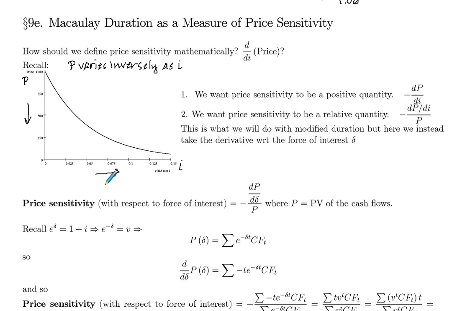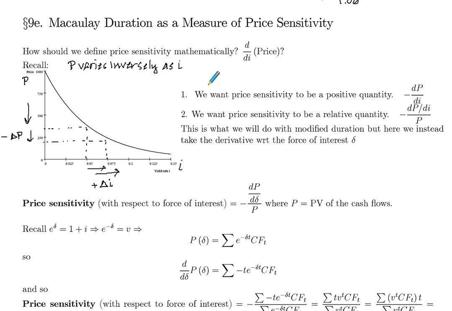So if there is a positive change in the interest rate, say from 5% to 7.5%, then if you look at what happens to the price, that's the price at 5%, and at 7.5% notice that the price goes down. So we had an increase here, a positive change in i, and here we had a negative change in price. That's because of the inverse relationship.